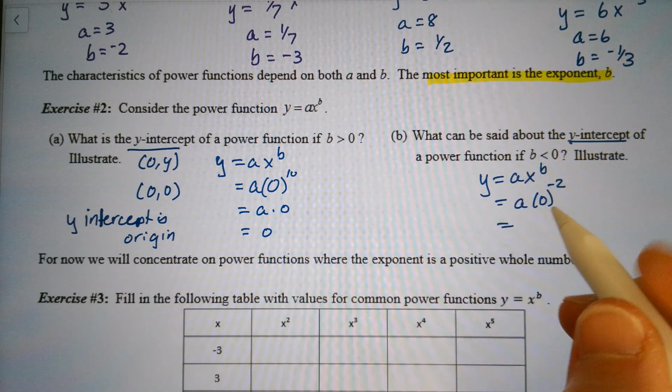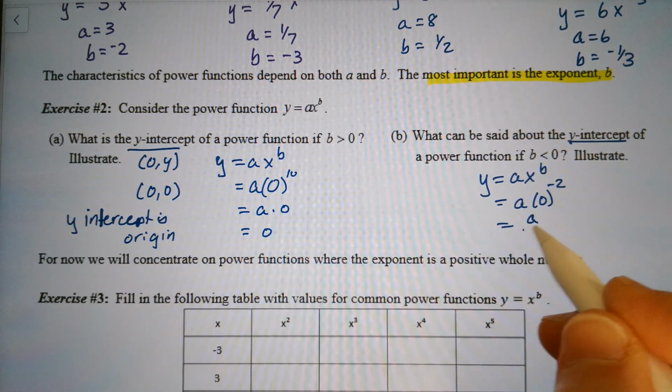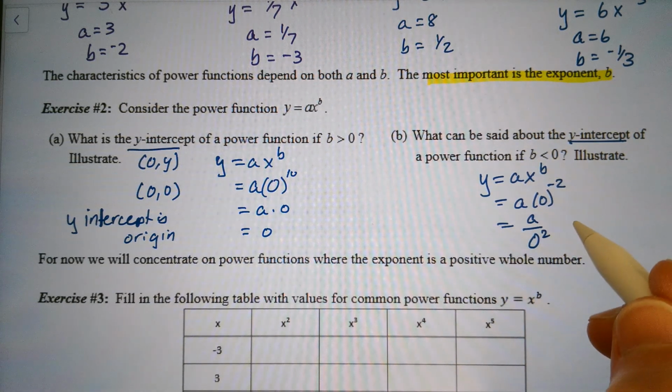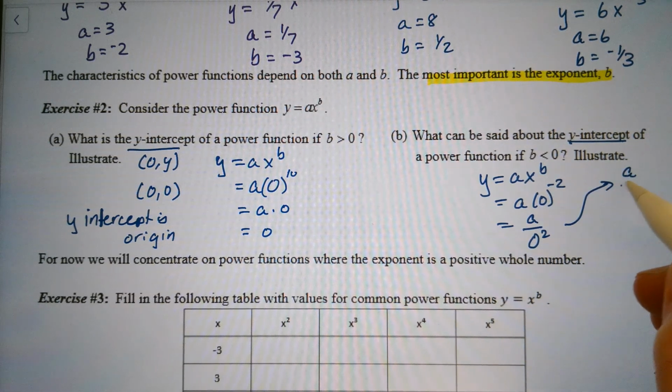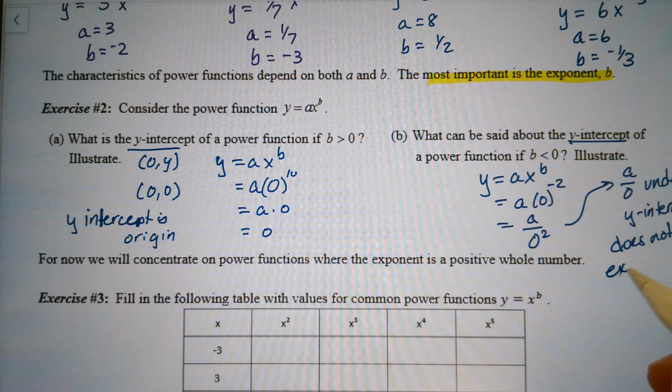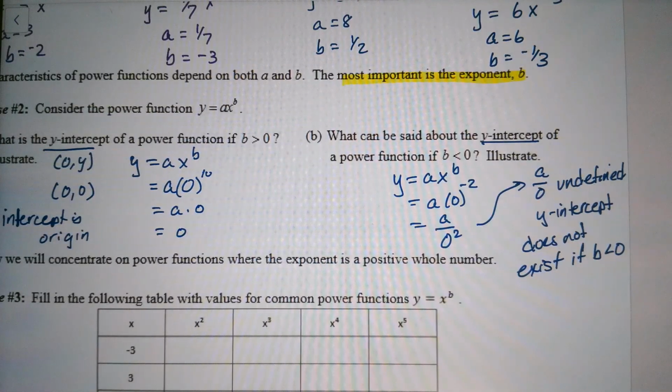Well, to take care of the negative, we would bring this down into the denominator with a positive exponent, but 0 squared is still going to be 0. A over 0 is undefined. So a y-intercept does not exist. So if b is less than 0, the y-intercept does not exist.